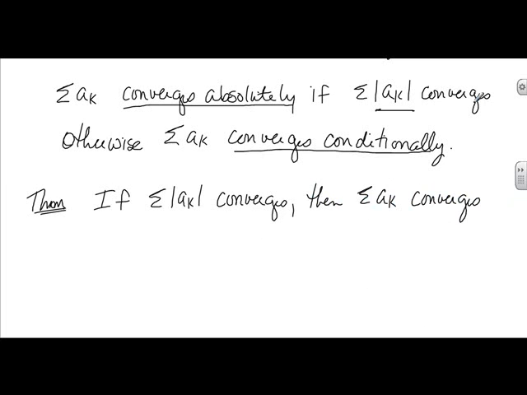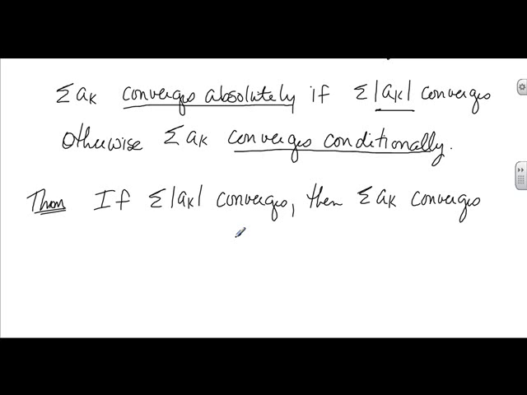So absolute convergence implies convergence. So if you show to begin with that you've got absolute convergence, you don't have to do any more work to say that the original series converges.